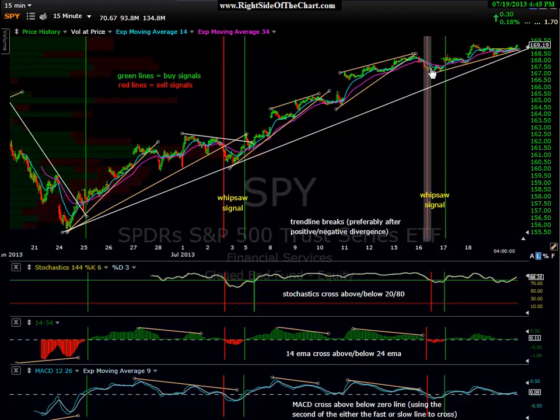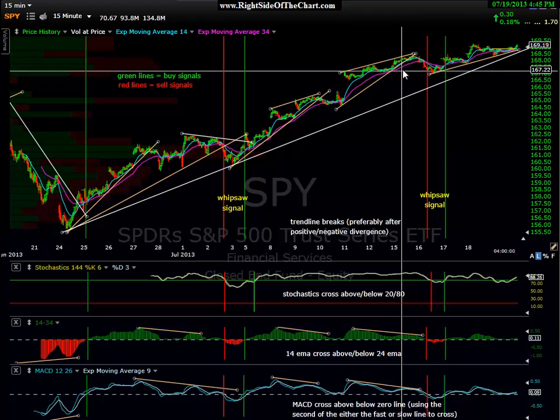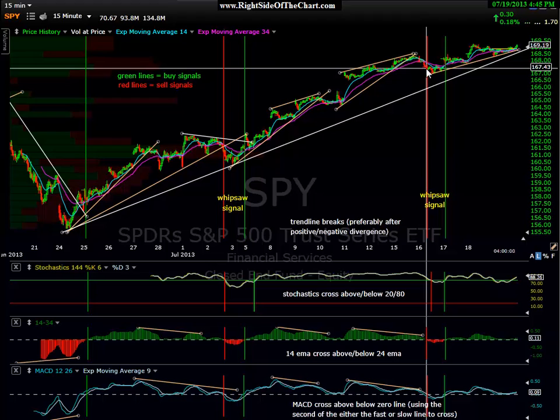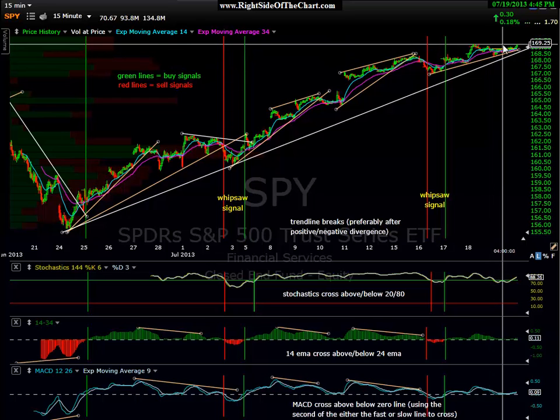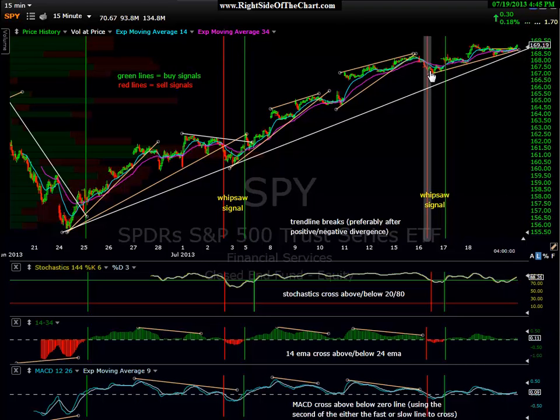Now, in percentage terms, it was very little. The move from where the sell signal came right about here, I'll put up a horizontal line, to where we gapped up the next morning, I checked, it was roughly 0.3%. Even as of the close today, we closed slightly under 1% above where that signal was triggered.